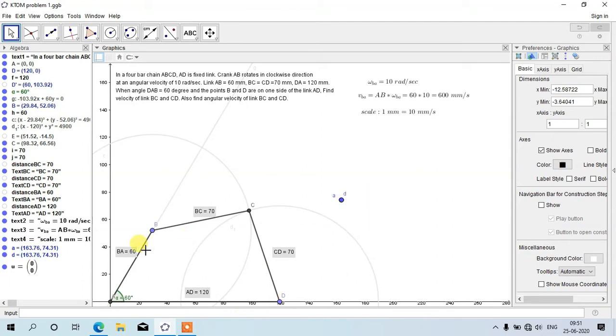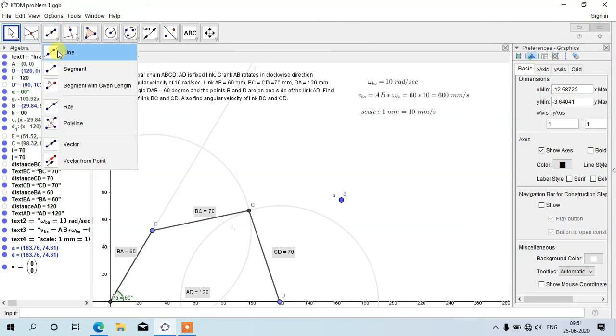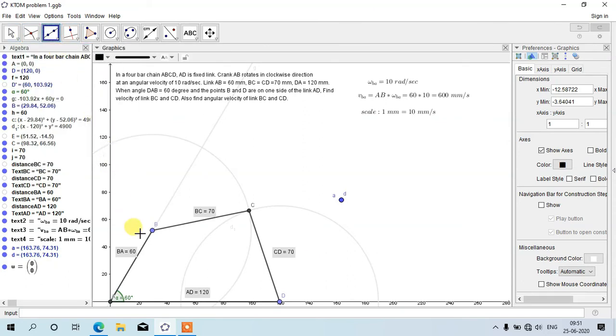So now we will proceed for velocity of known link. Okay, we know the velocity of link BA is equal to 600 mm per second. So we will start drawing it. I have explained the concept in my previous lecture that linear velocity of any linkage is in the direction perpendicular to it.